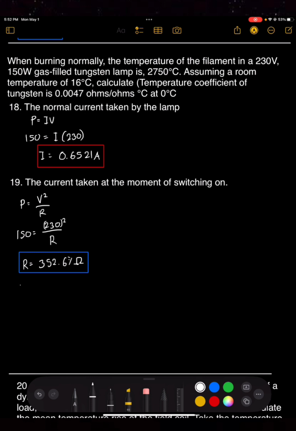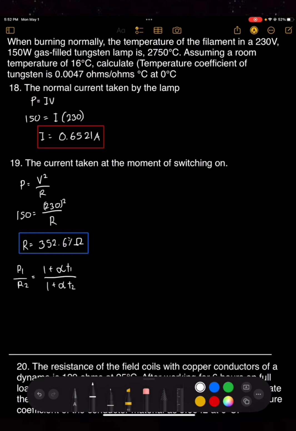So we'll use the formula R1 over R2 is equal to 1 plus alpha times temperature 1 over 1 plus alpha times temperature 2.